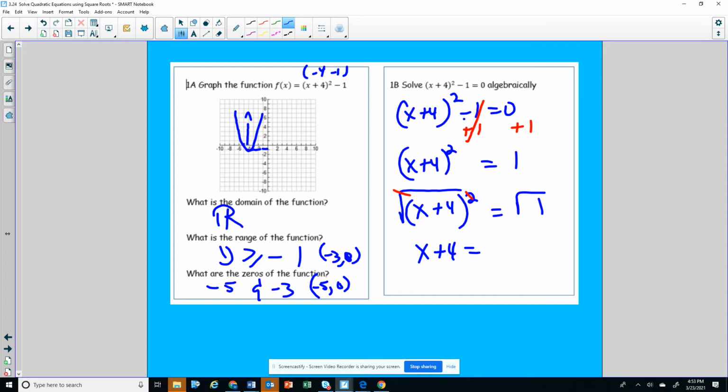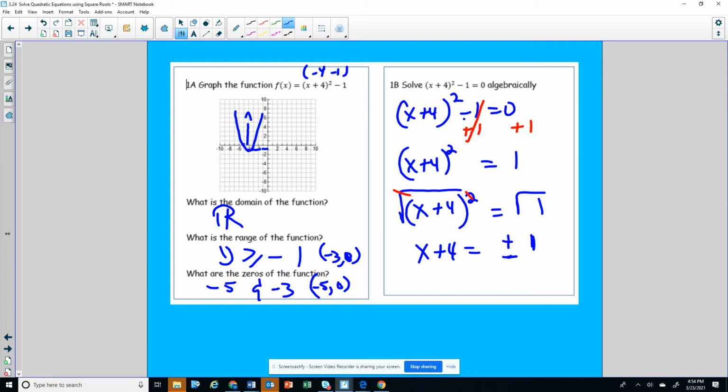I'm going to get 2 answers. So the square root of 1 is going to give me plus 1 and also negative 1. All right. Now let's simplify this. I'm going to have 2 equations now.